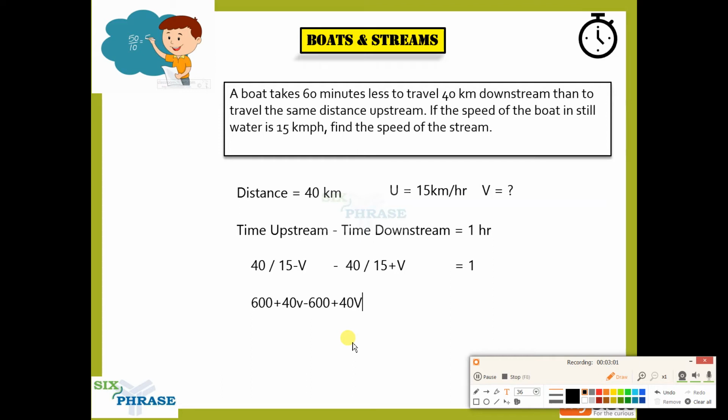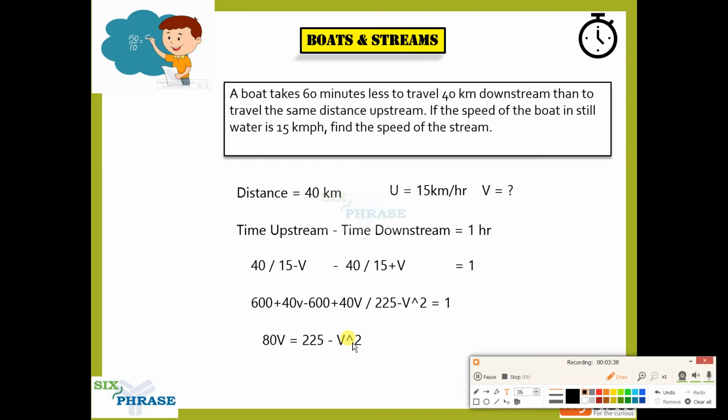Okay, so this divided by 15 squared, which is 225, guys. 225 minus v squared. Okay, which is a plus b into a minus b. This is equal to 1. So this will go there. 600 minus 600 will get cancelled, guys. So we'll have 80v, which will be equal to 225 minus v squared.